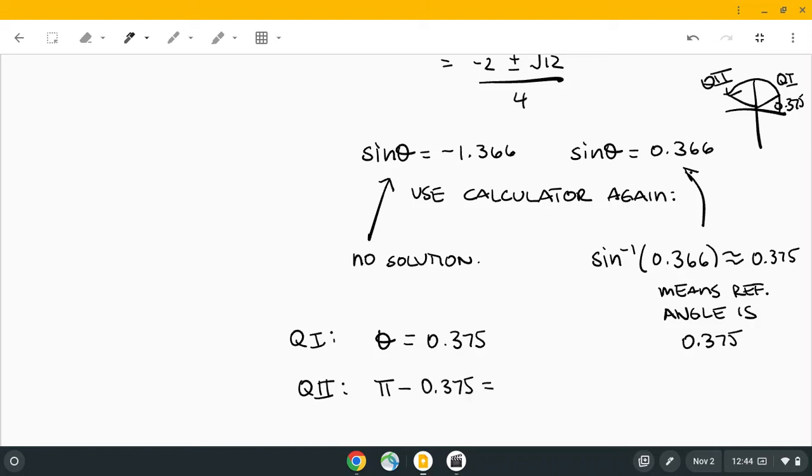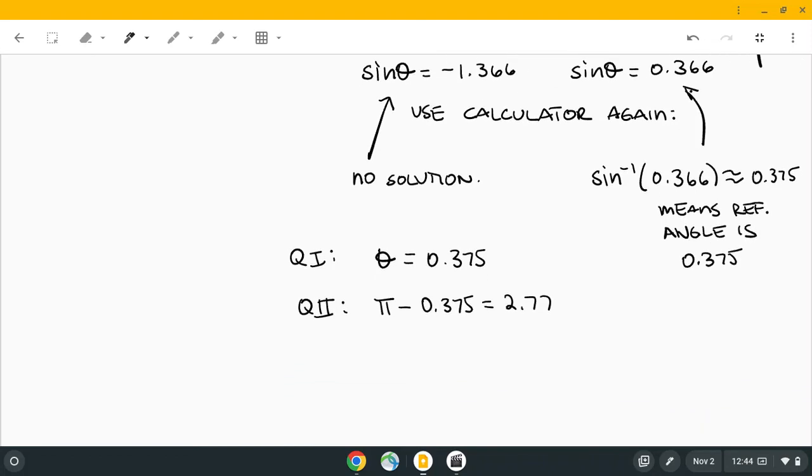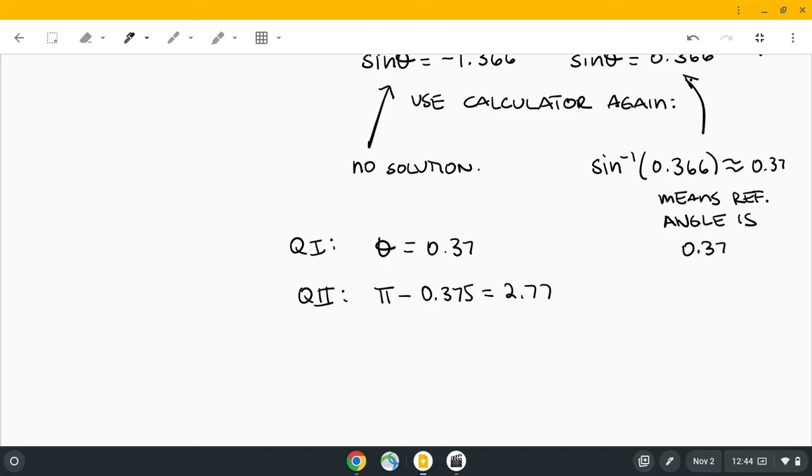So that is going to be 2.77. All right, so those would be our two angles here. So theta equals 0.37 and theta equals 2.77 radians.